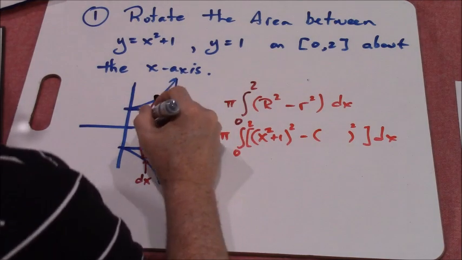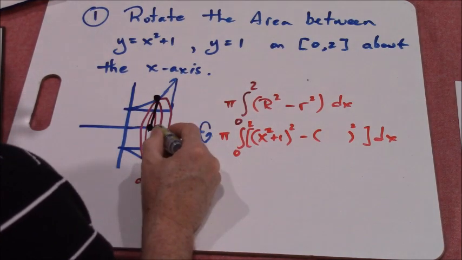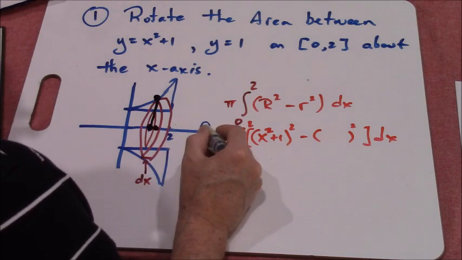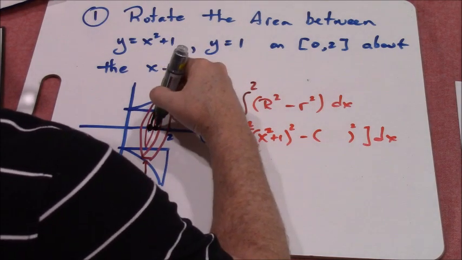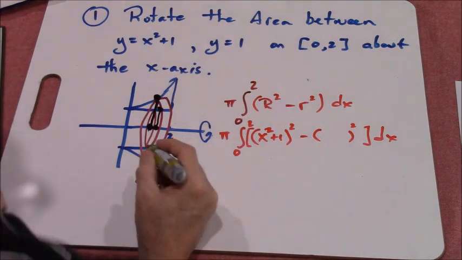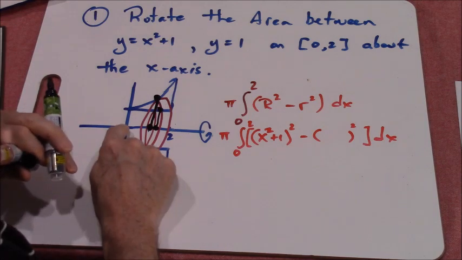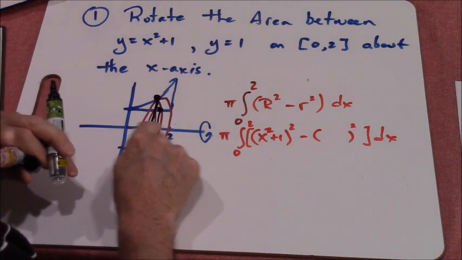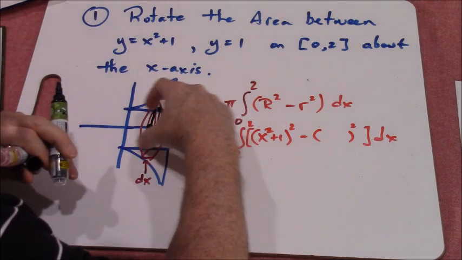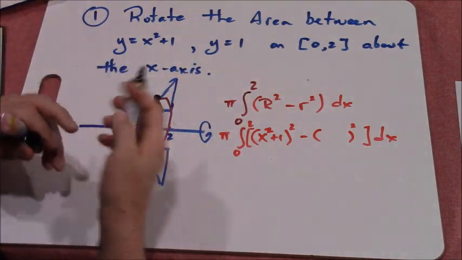So my little radius goes from our axis of rotation, again that's what we're rotating around, up to this line right here. And what you notice this time is as we move across, starting at 0 and going all the way to 2, that inside radius never changes. It's always exactly 1 unit.